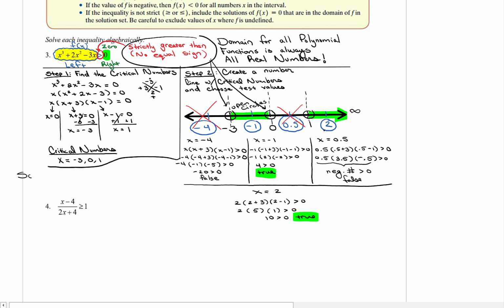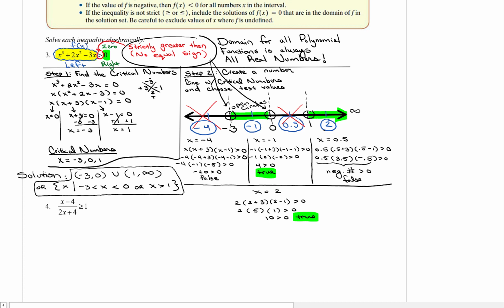Oh, I think I made a mistake there. Sorry about that. Our solution is going to be -3 to 0 union open interval from 1 to infinity. Or you could also write it in set builder, the set of all x such that -3 is less than x and x is less than 0, or x is greater than 1. So either one of those solutions is fine.